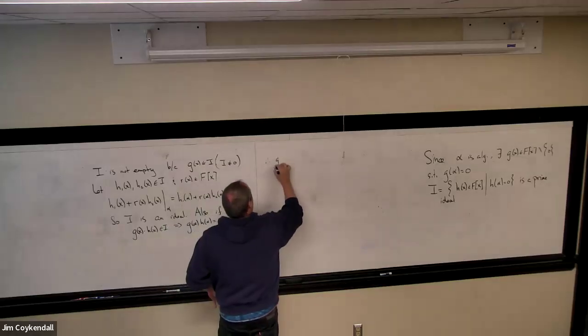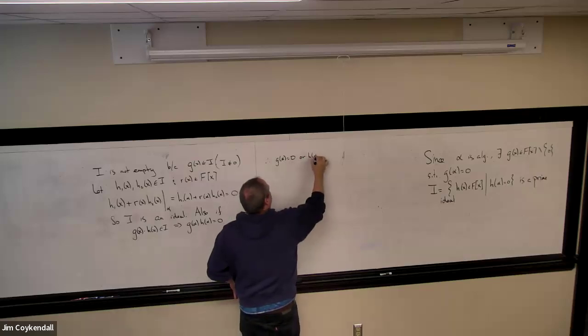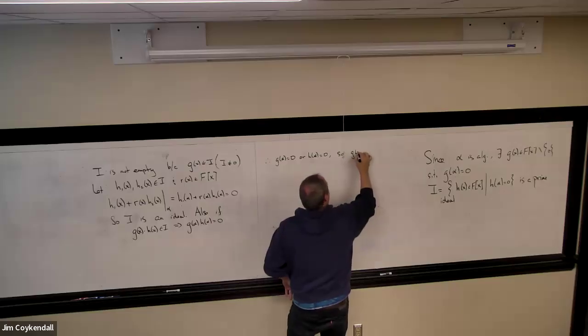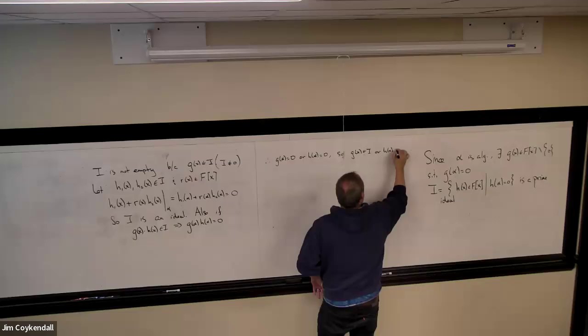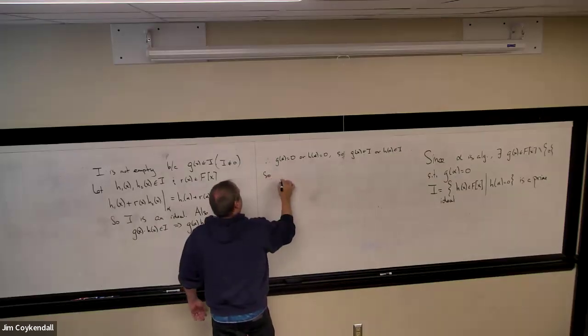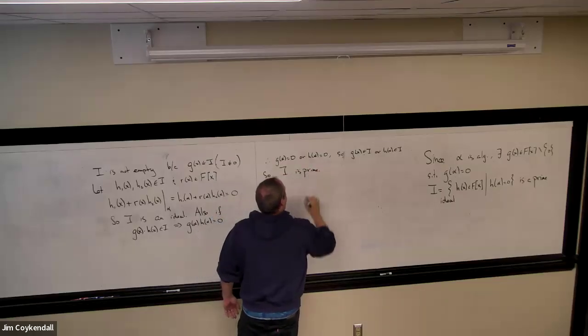Therefore, g(alpha) is equal to 0, or h(alpha) is equal to 0. So g(x) is in I, or h(x). So I is prime. I didn't actually prove that, but it's worth noting.